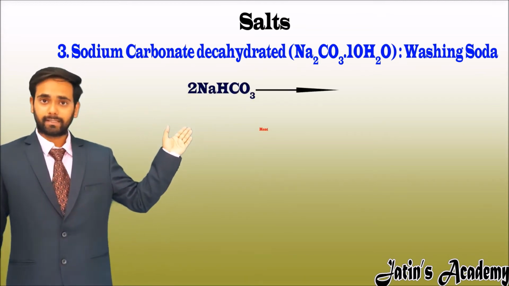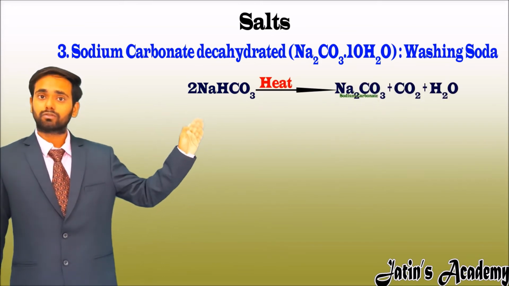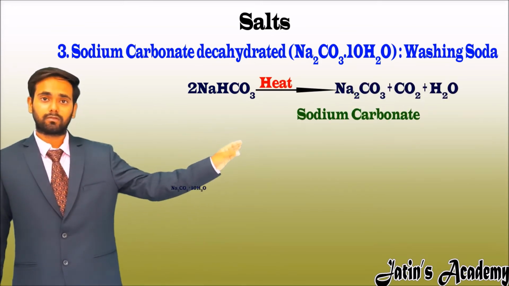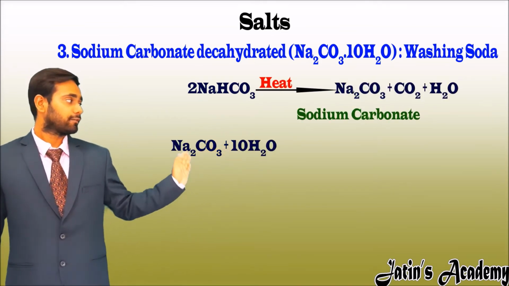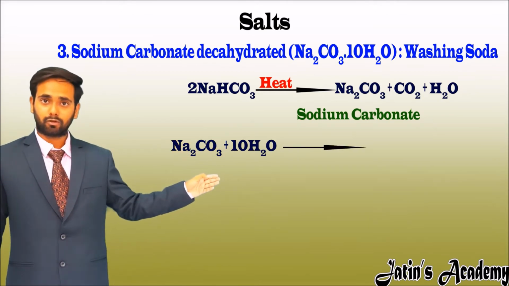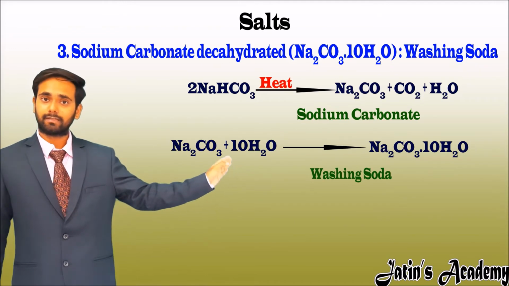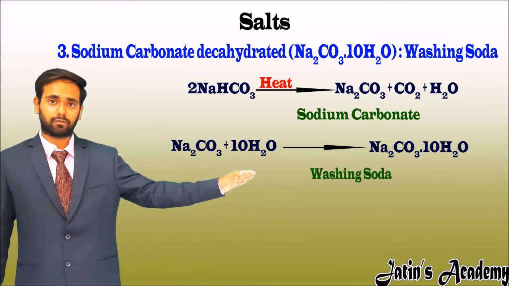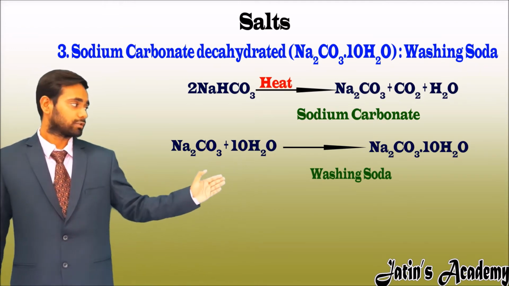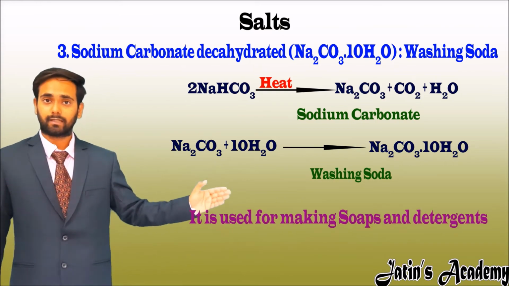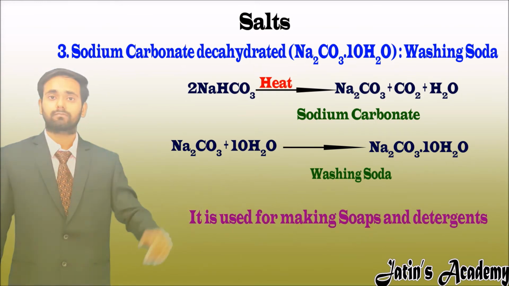When baking soda is heated, sodium carbonate is formed. Sodium carbonate, when it reacts with 10 molecules of water, produces washing soda, that is Na2CO3.10H2O. This washing soda is used for making soaps and detergents.